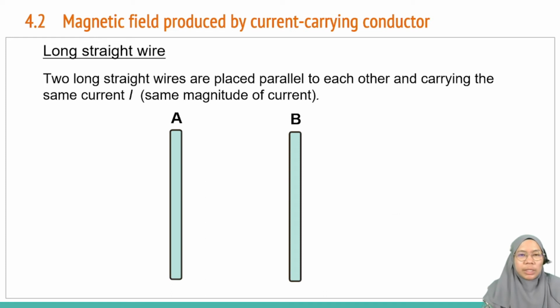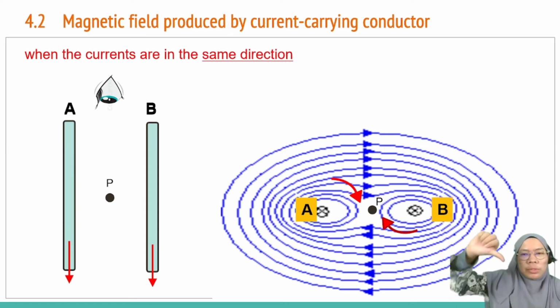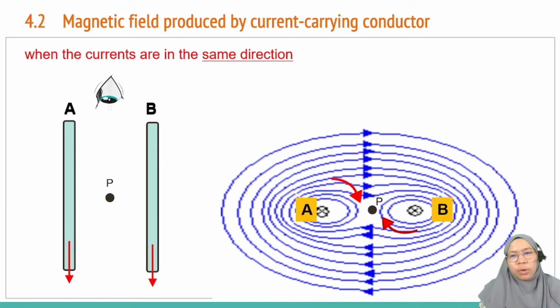Okay, so consider that we have two long straight wires placed parallel to each other and carrying the same current. When the currents are in the same direction, in this case you can see both of the currents are going down. From the top view, we are using right hand grip rule, so the cross going into, the directions of the magnetic field is going clockwise.